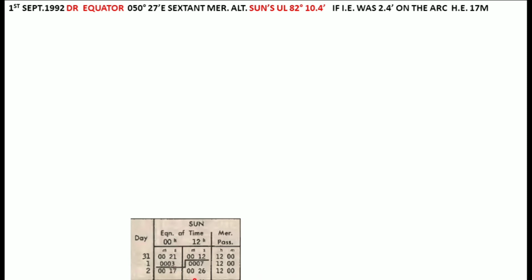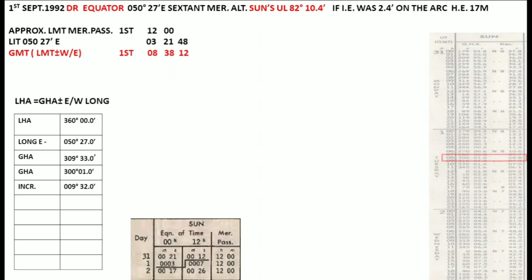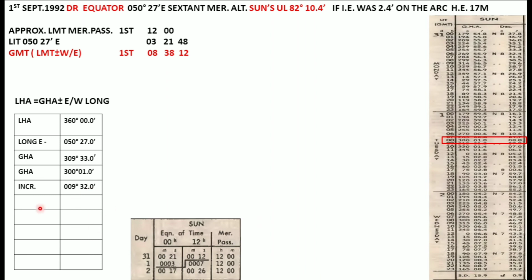Now we know how to find out the time of meridian passage, either using the almanac or 360, and you get your GHA increment.